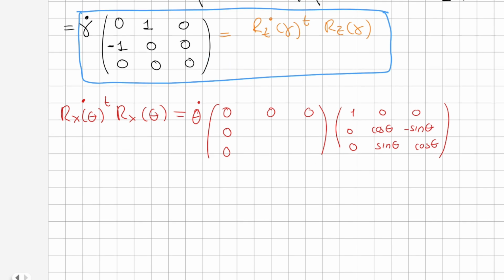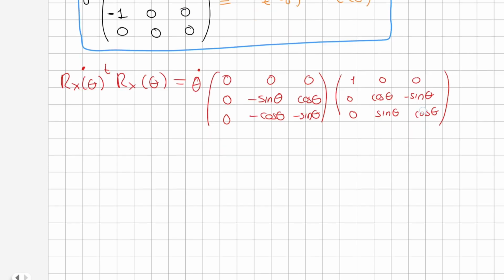And then the derivative with respect to theta of minus cosine is going to be minus sine theta. The derivative of minus sine is going to be minus cosine, but remember that we take the transpose, so this element corresponds to this position here. So again, the derivative of the sine is cosine, so it goes here, and the derivative of cosine is minus sine. Perfect.